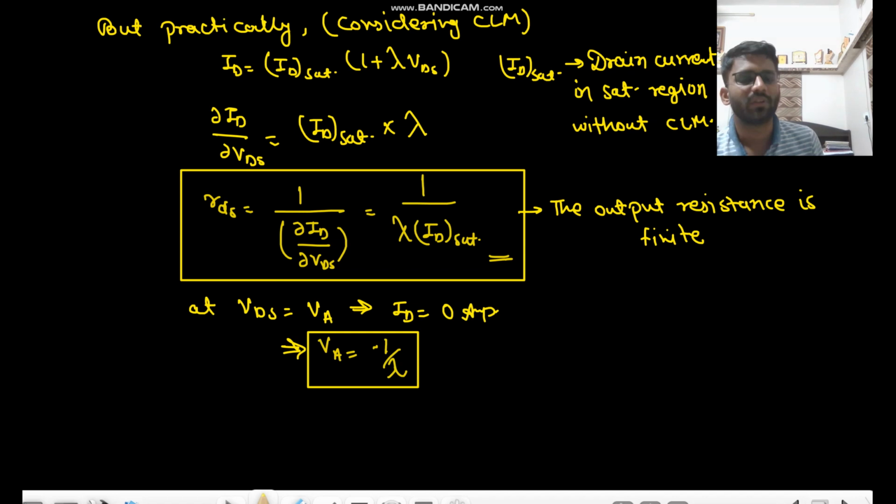So it is simply 1 upon lambda times mu n Cox W by 2L (VGS minus VT) whole square. In many questions the RDS value or lambda value will surely be given, so you can find RDS. I should have written small signal output resistance; you will understand what small signal is. So the small signal output resistance is finite.